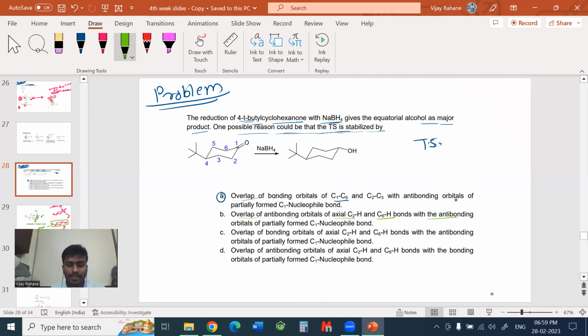So these are some of the options they have given. If you see option C, the overlap of the bonding orbital of C2 hydrogen and C6 hydrogen with the antibonding orbital of the partially forming C1 nucleophile bond, as we have seen in the model.